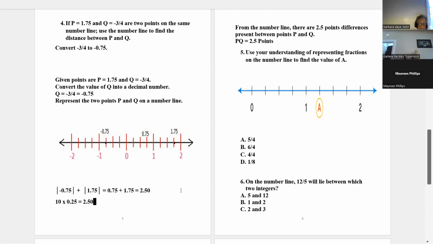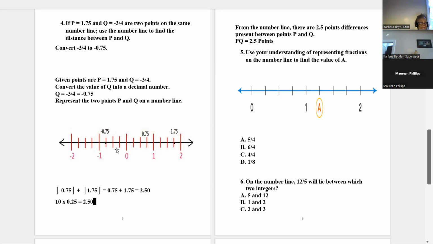Is it making sense, Maureen? Yeah, I have to figure it out myself though. Yeah, but to go from 0 to 1, you've got it divided into fourths, right? So 1/4, 2/4, 3/4, 4/4, which is 1. Then 1 and 1/4, 1 and 2/4, 1 and 3/4, and 1 and 3/4 is 1.75.